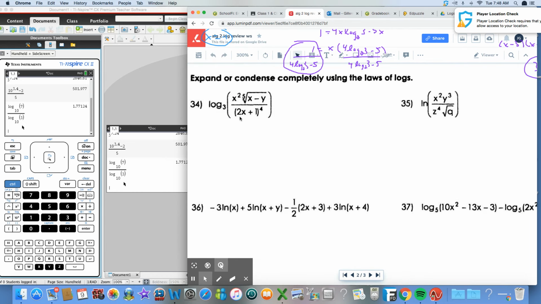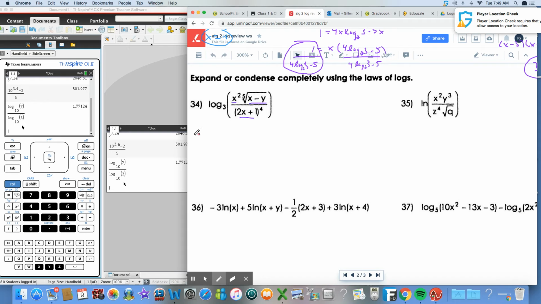All right, now expand or condense completely using the laws of logs. So obviously this is one where you're going to have to expand it. All right, real simple. Anything up top gets a positive, anything on bottom gets a negative, and the exponents go out front. You have 3 different logs.